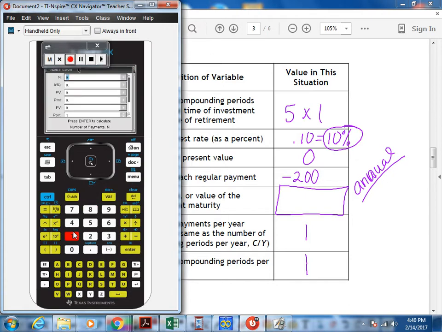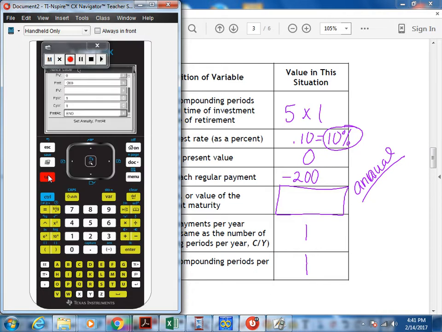Then the number of years is 5, tab, the interest rate is 10, tab, the present value is 0, because you're starting with $0 until you add your first 200. PMT is negative 200. Future value, that's what we're looking for, so let's leave that blank. And since I chose annually, I'm going to leave that as 1.